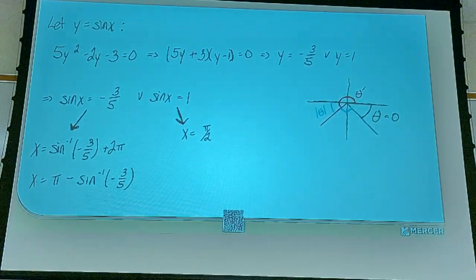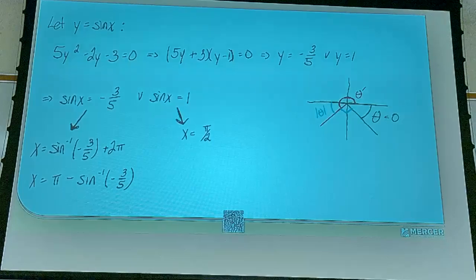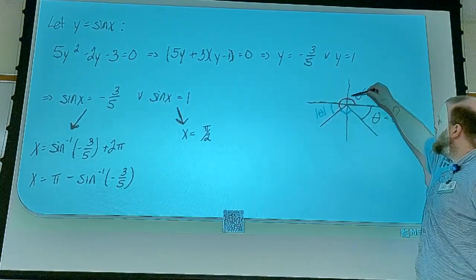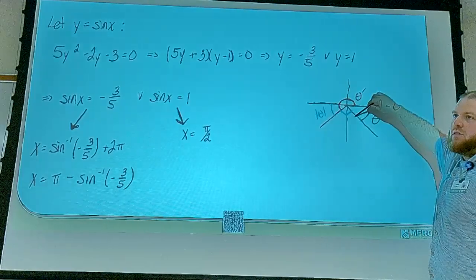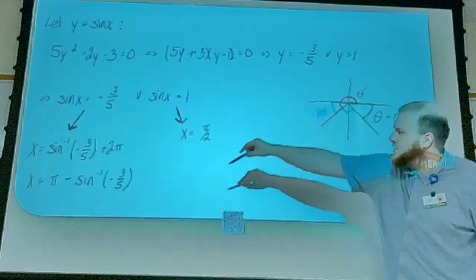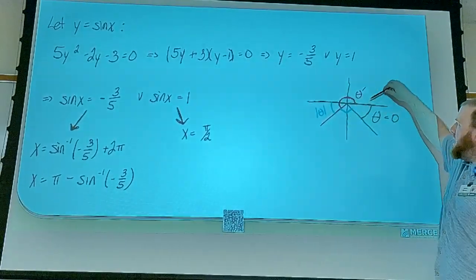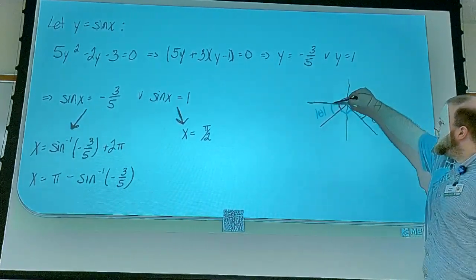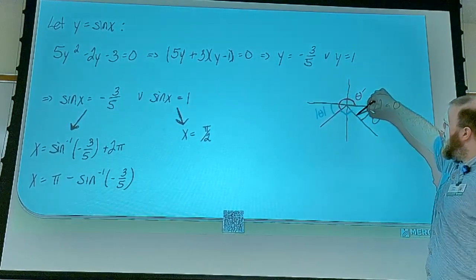That was one way of looking at it. You could also look at it knowing this entire angle, because we know what that is. That's the inverse sine plus 2 pi. Then it's just that inverse sine plus 2 pi minus an extra pi.